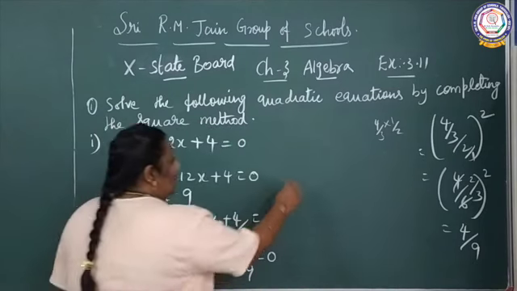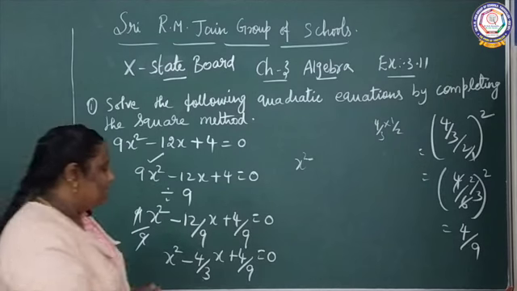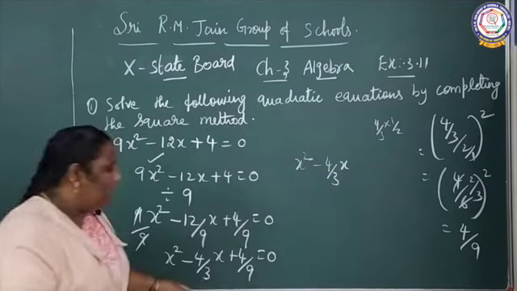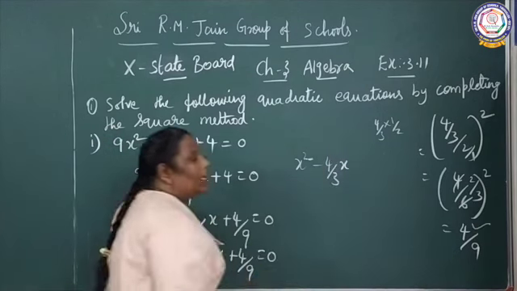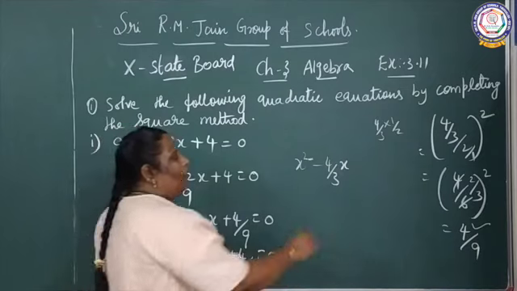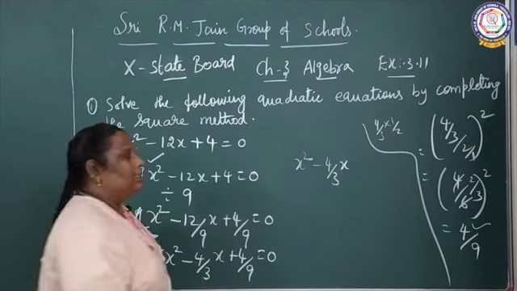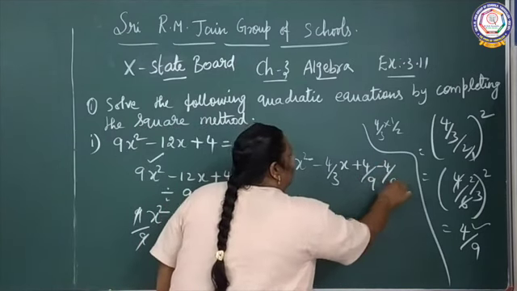See here, x square minus 4 by 3x, whatever answer you get, you will write plus or minus. Plus 4 by 9 minus 4 by 9.